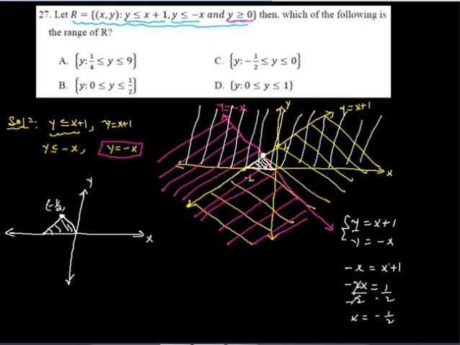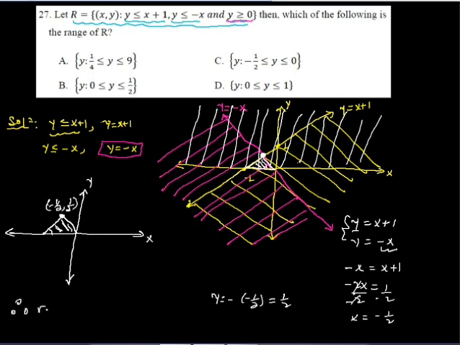When x is minus 1 over 2, y equals minus x, so y is positive 1 over 2. The question asks for the range: the range of this relation will be above the x-axis but below 1 over 2, so between 0 and 1 over 2.